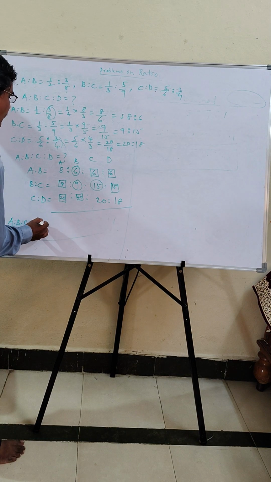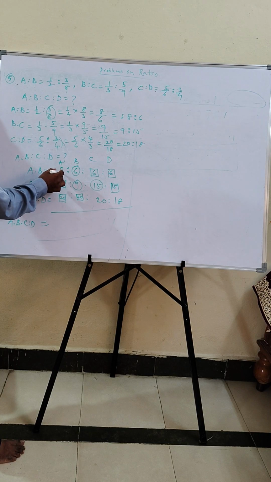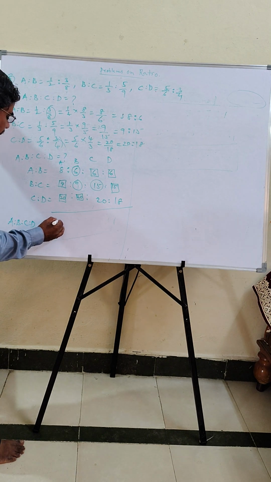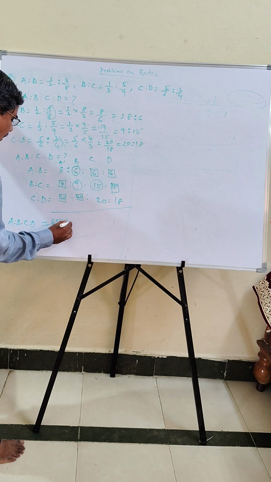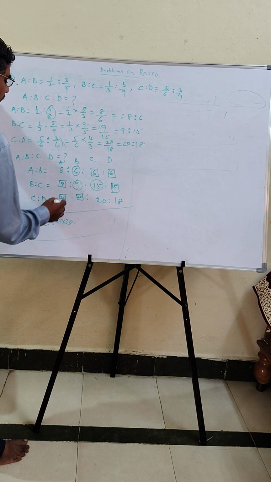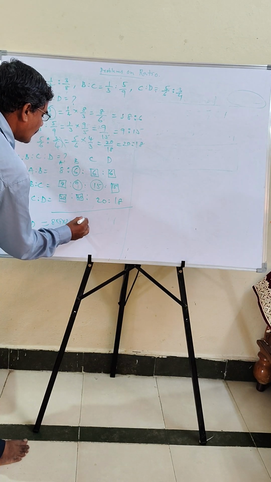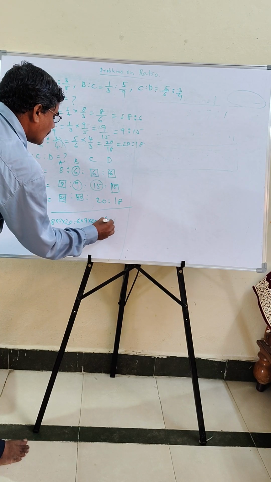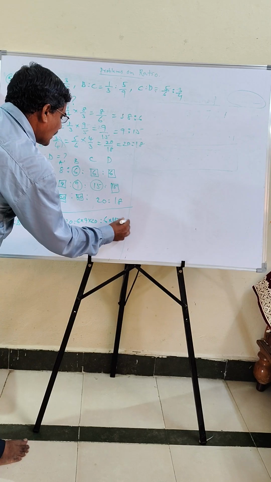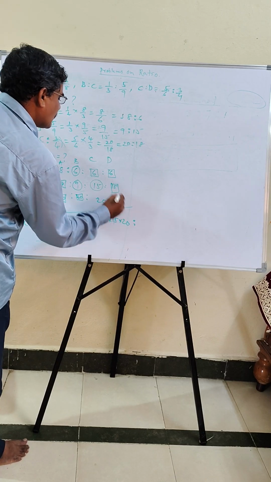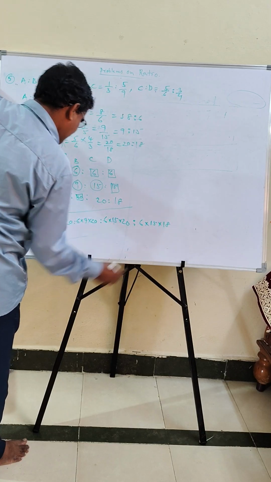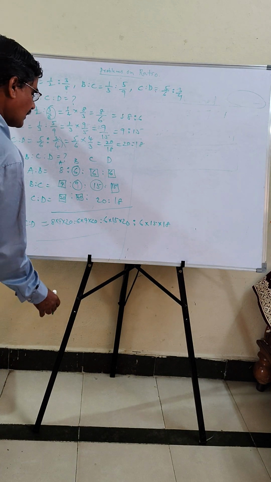That's why we have to multiply all these numbers: 8 into 9 into 20 is to 6 into 9 into 20 is to 6 into 15 into 20 is to 6 into 15 into 18.